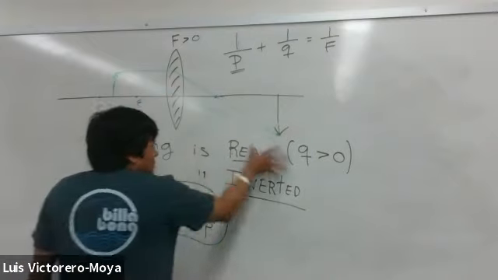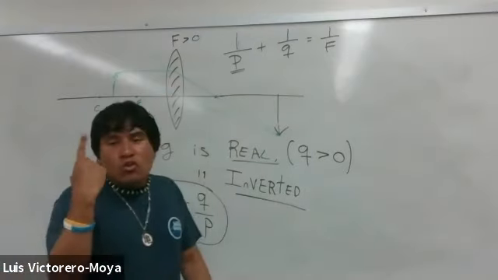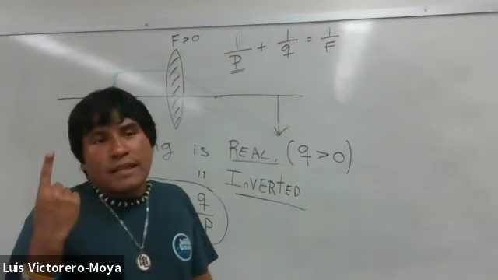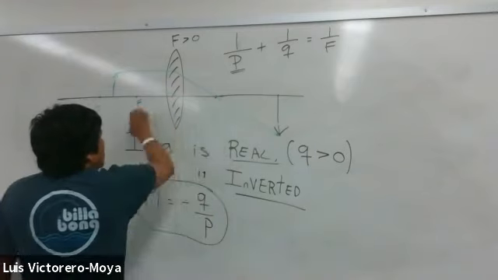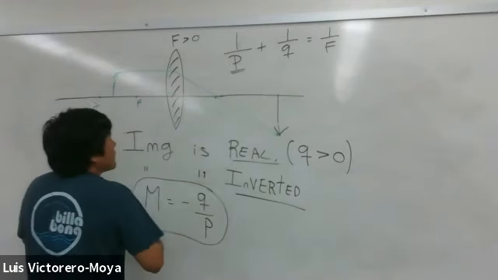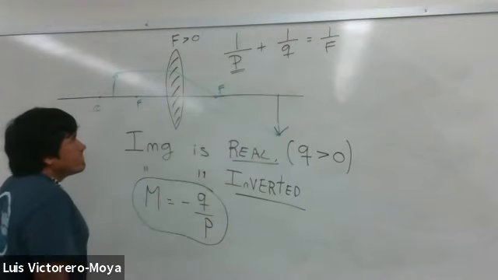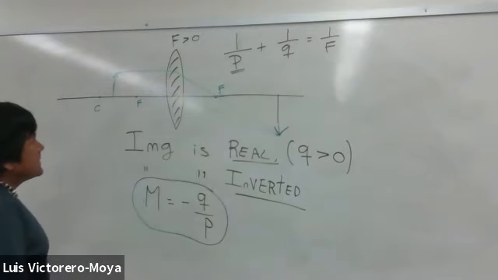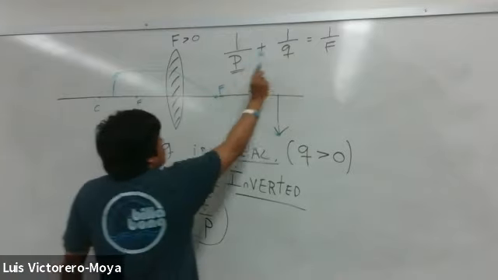So that's why it's different. The other reason is because in a mirror, you only have one surface. In a lens, you have two surfaces, so you have two focal points. Right? This is also a focal point. That's why you have to be careful. The equation is the same.